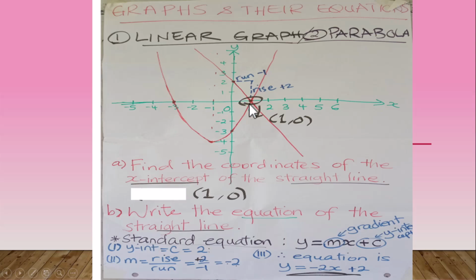So from the graph, sometimes you can use a formula, y2 minus y1 over x2 minus x1, if the coordinates are given, or if you don't want to find the coordinates and then use the formula, you can simply go rise over run. So m is equal to rise over run.